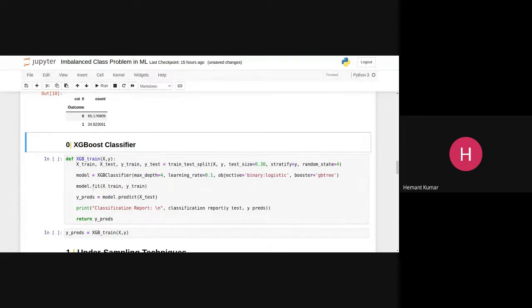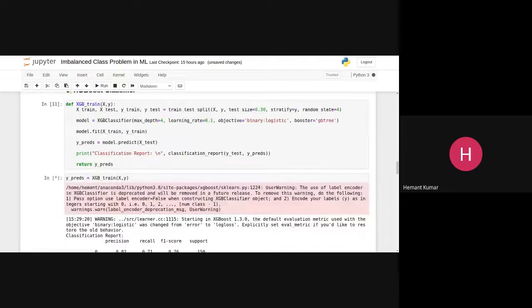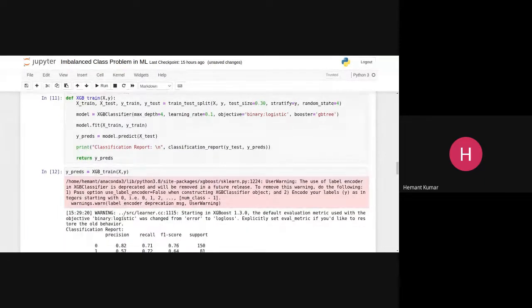According to those parameters the accuracy and other outputs differ. We fit the model, predict, and then print the classification report, which contains precision, recall, F1 score, sample sizes and so on. Then we simply run the algorithm.